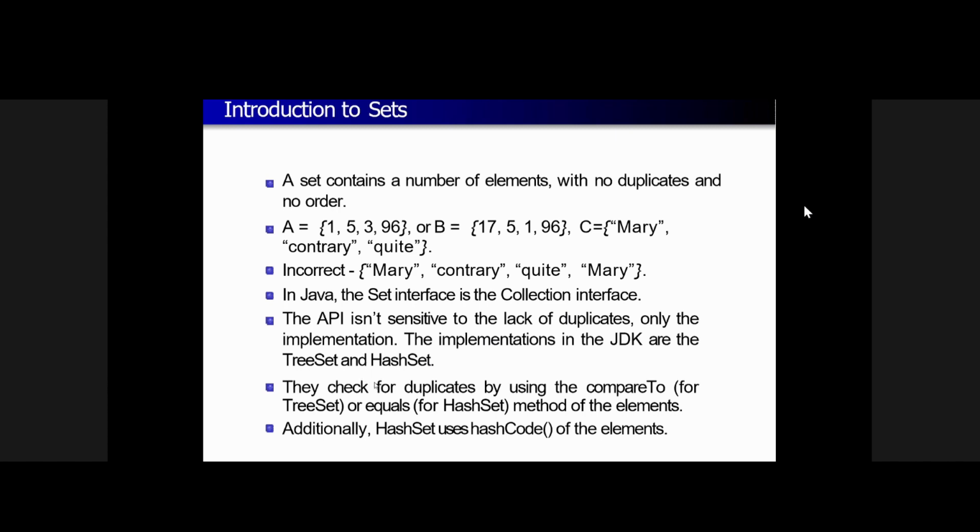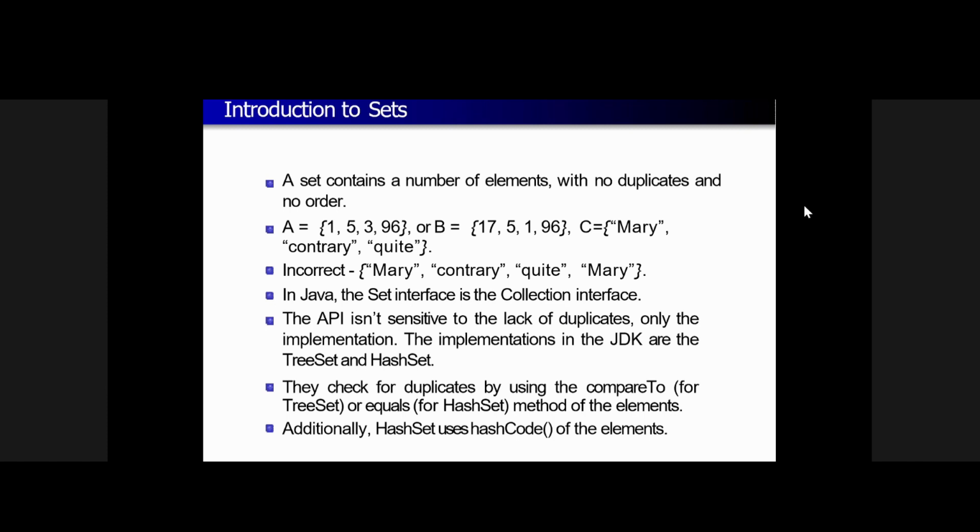Okay. So anyway, what we're going to be looking at are the major implementations: the tree set and the hash set. Okay, and they both check for duplicates in their implementing code. So tree set uses the comparator that you must have in order to use it, and that's for the elements. And hash set uses equals.